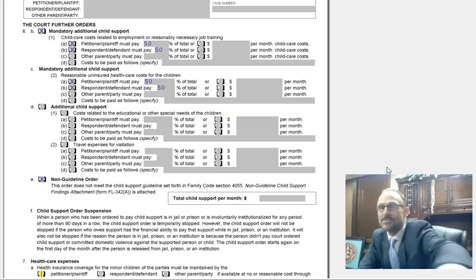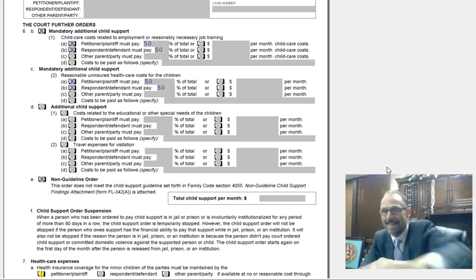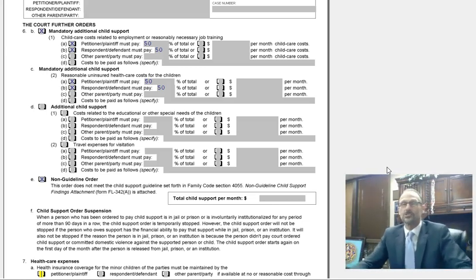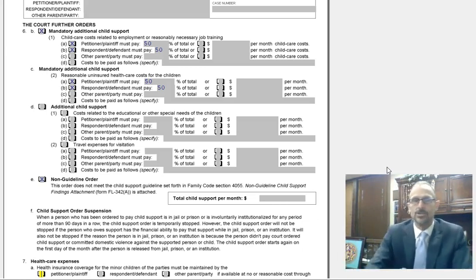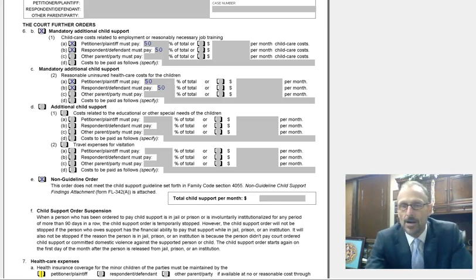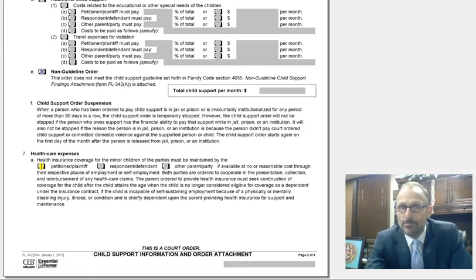If you have specific numbers in here on this page, under 6, then you can add those in too. So it'll be $1,000 plus whatever numbers are here. If they're percentages like we've filled in, then obviously it's just going to be the regular child support amount, $1,000 or whatever it is. All right, then there's some information right there below. Health care expenses.